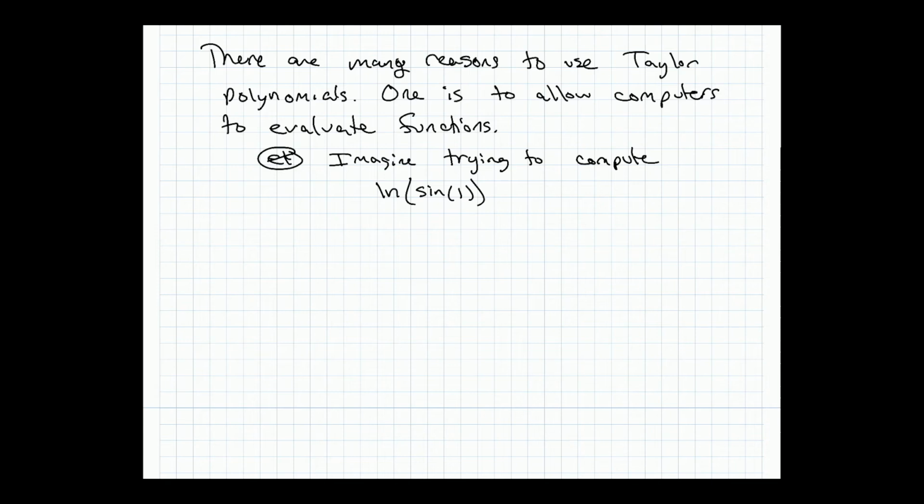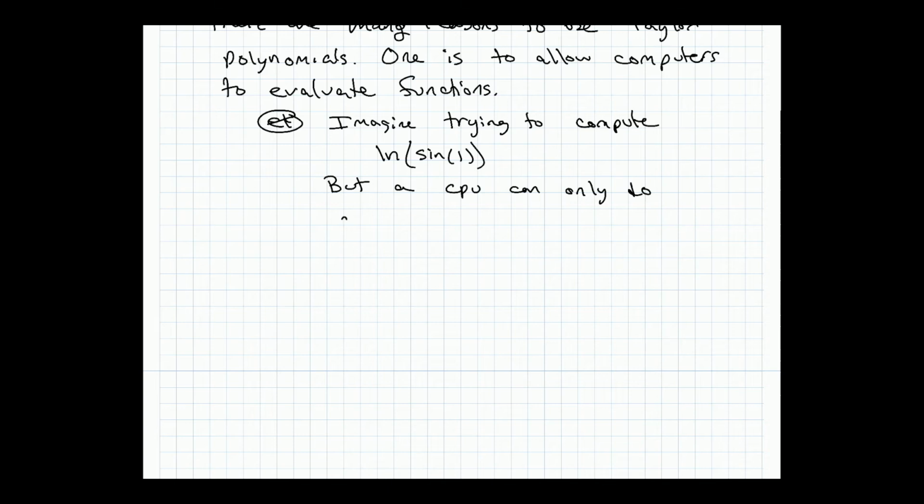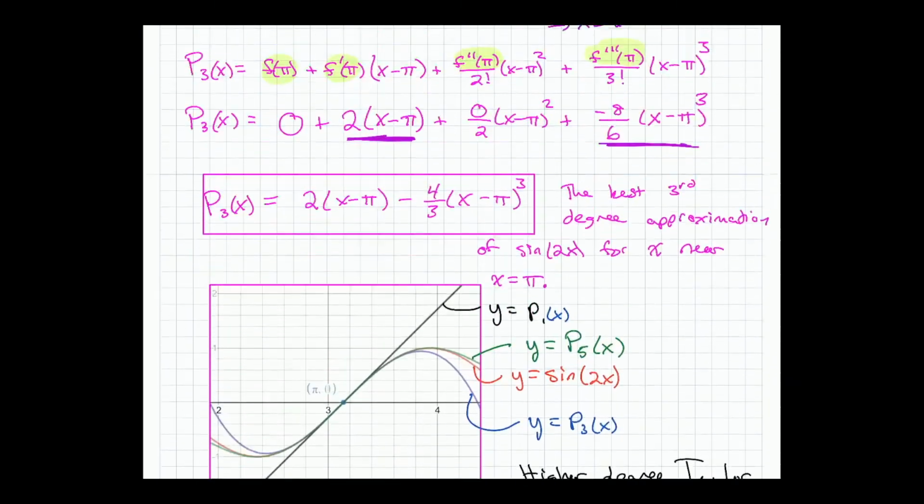A computer can only do a few operations. A CPU can only do addition, subtraction, multiplication, and division. If that's all you can do, you can still use a Taylor polynomial, because a Taylor polynomial is a polynomial.